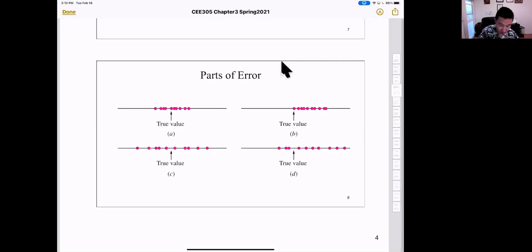Let's look at the first case. In the first case, we have 10 measurements. The first thing we can notice is the points are pretty much close together compared to case C and case D especially. So the points are close to each other.